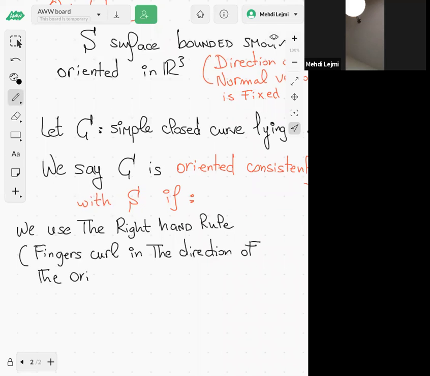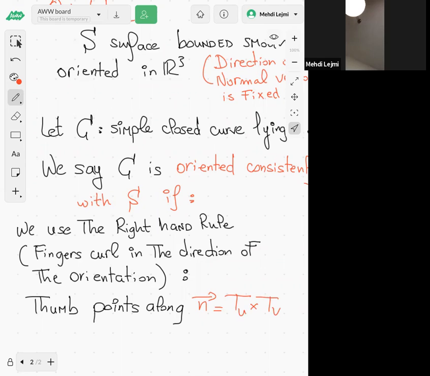Okay, so the thumb of your right hand points along the normal vector N of the orientation here. That's the normal vector to the surface, right?